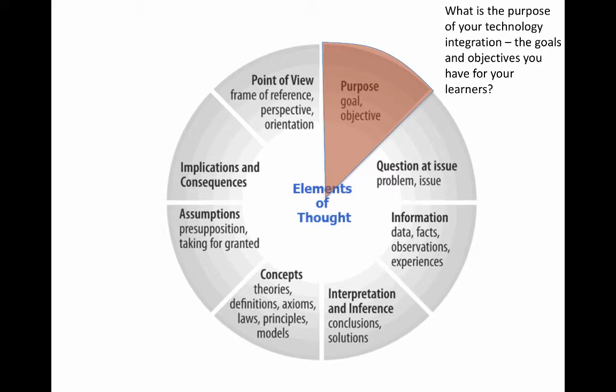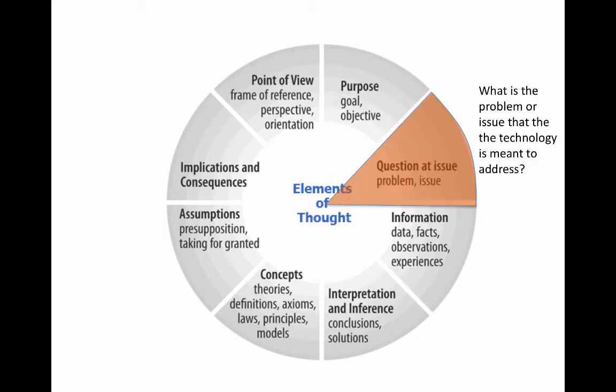So let's get into the elements of thought. I talked about the purpose before. It's assessing students' learning and providing real-time feedback so students can improve themselves. And the question is how to use technology to assess students' learning.